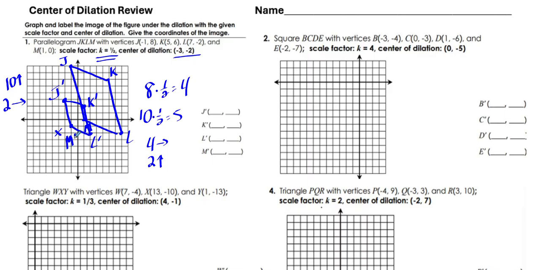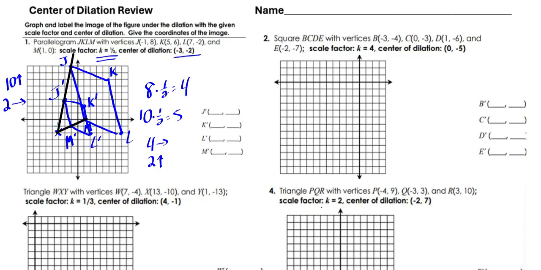So you can see it's the exact same shape. It just got shrunk down and everything moved closer to our center of dilation. Visually, you could just check that way. Another way to easily check, this will always form a straight line from the center of dilation through the 2 points.